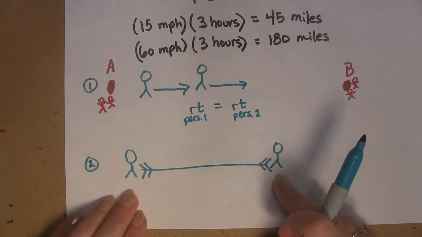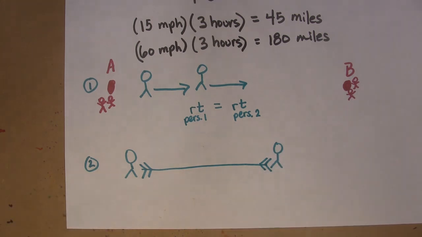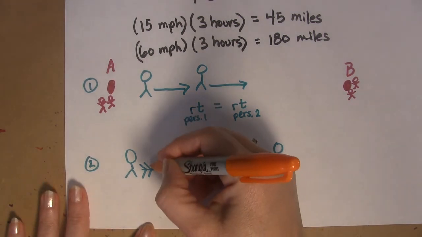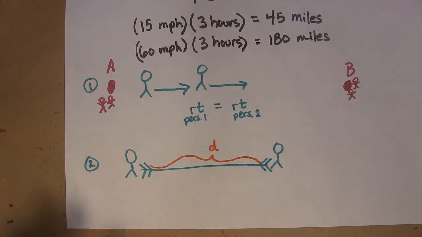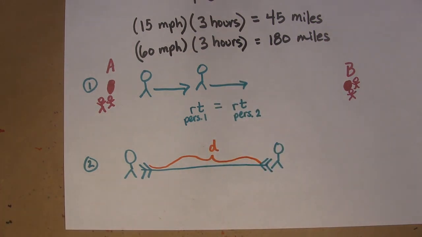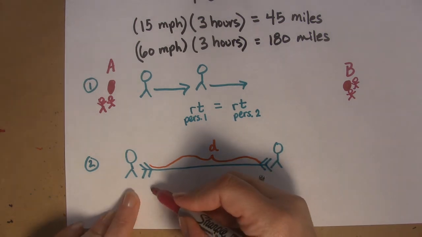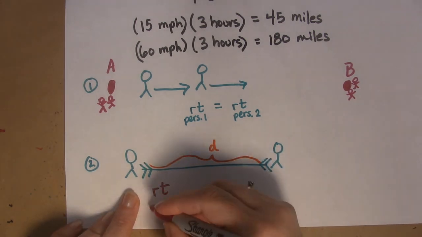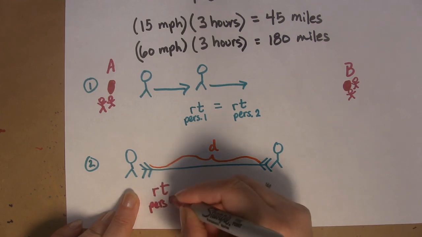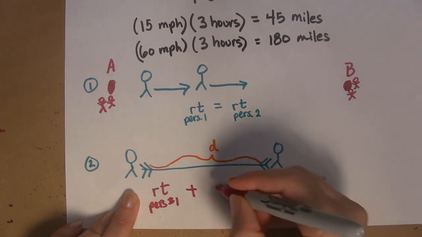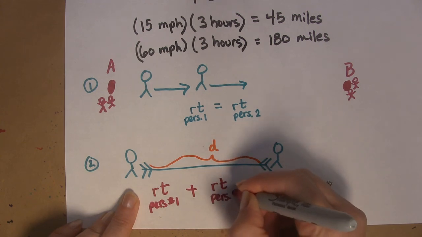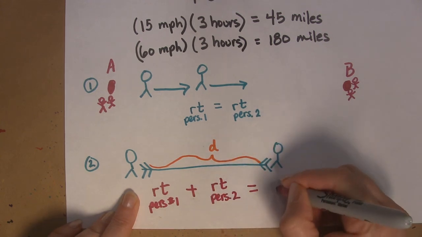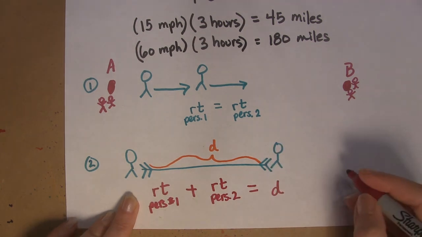What do we know about these two people, though, is that this right here is the total distance that has to be traveled. So now we can set up a formula that looks like this. We can say that the rate times the time of person 1 plus the rate times the time of person 2 has to equal the total distance.